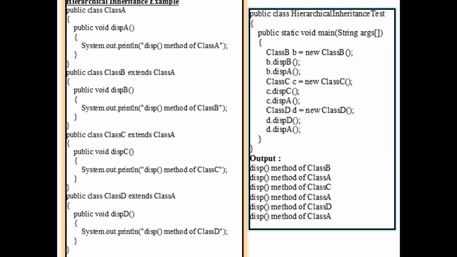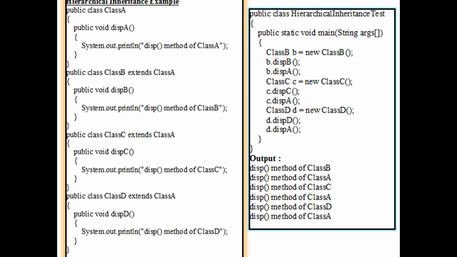And next line, the object is created for class C. Using this object, we can call the display method of class C and also the display method of class A. And next, the object is created for class D. Using this object, we can call the display method of D and also the display method of class A.